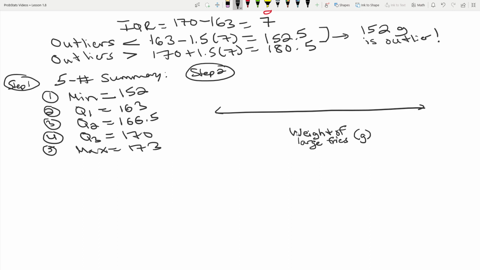So for our scale, we'll start with 150, since that is actually below the minimum, and we'll end at 175, and then we'll go by 5s. All right, so now we can go ahead and start labeling.